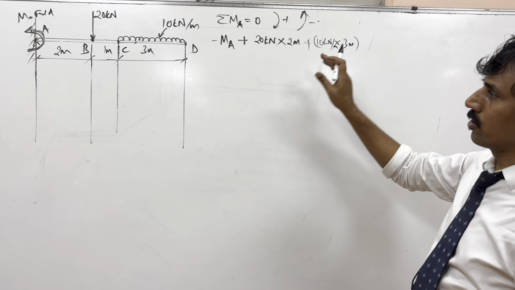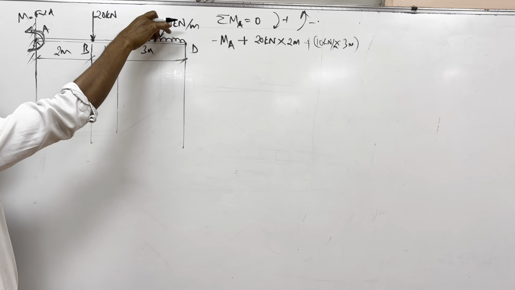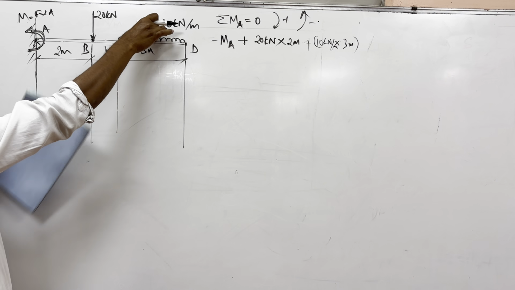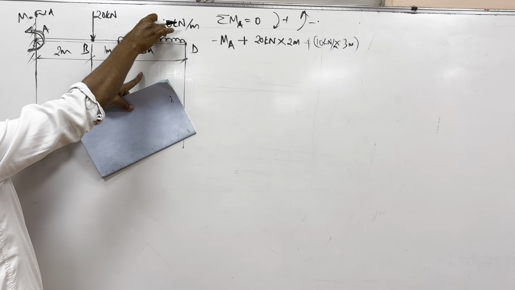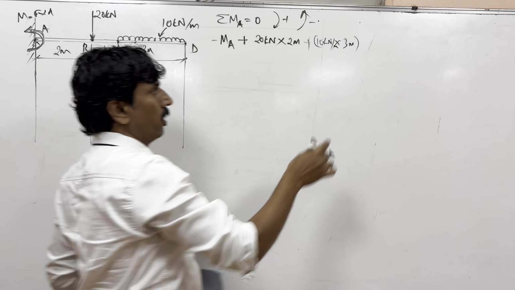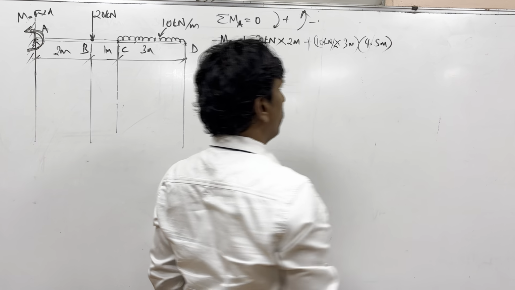Acting at what distance? This whole UDL can be clubbed as a point load. So at what distance is the point load? 2 plus 3, so 3 plus 1.5, 4.5 meters.